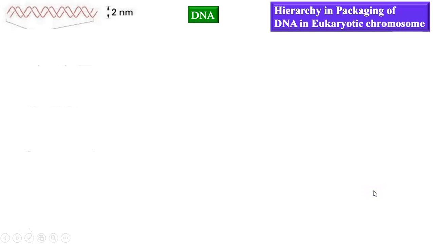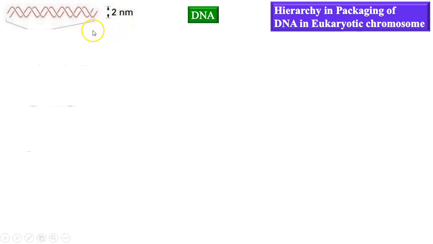Let us recall the packaging of DNA once again in a eukaryotic cell with increasing complexity and compactness. In correspondence with the compactness, we find that the thickness goes on increasing. If all proteins are removed from the chromosome, then only the DNA remains, and it is 2 nanometers in thickness.